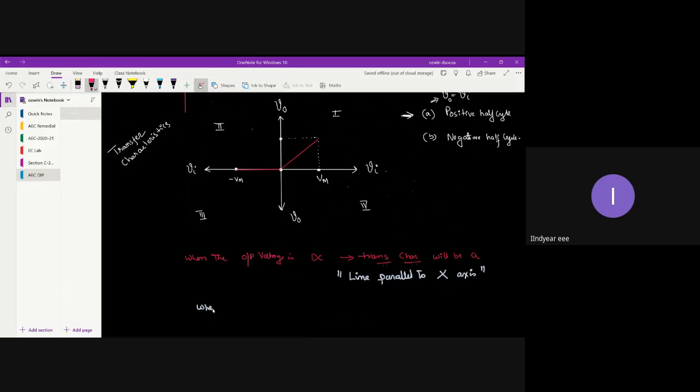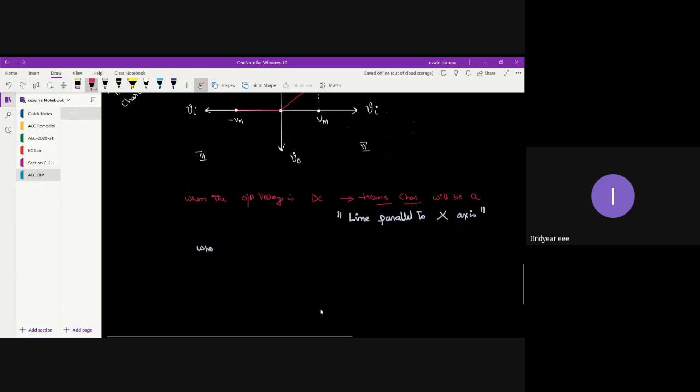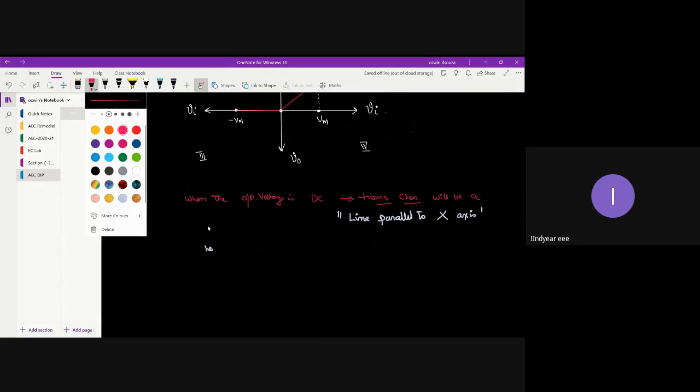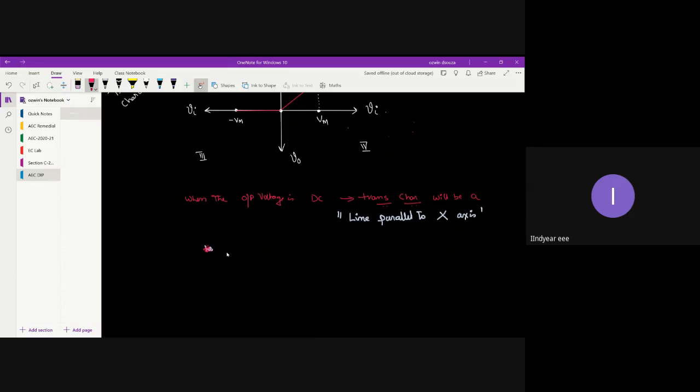On the other hand, when the output voltage is AC, the transfer characteristics will be a line inclined with respect to the x-axis.